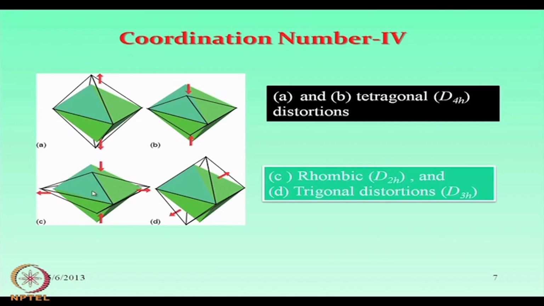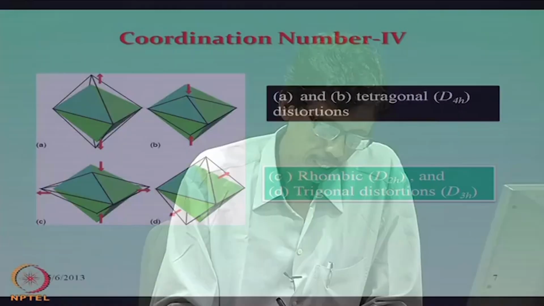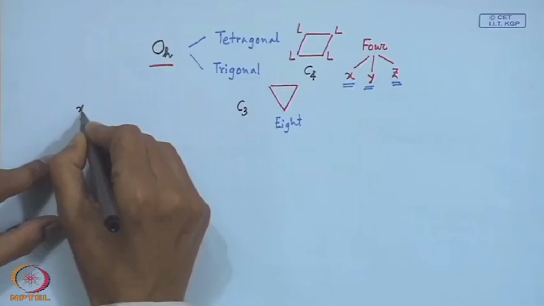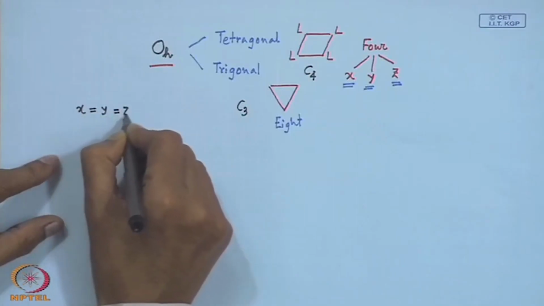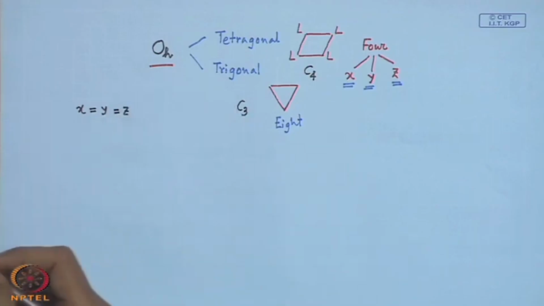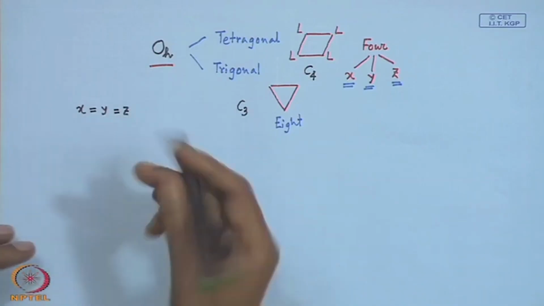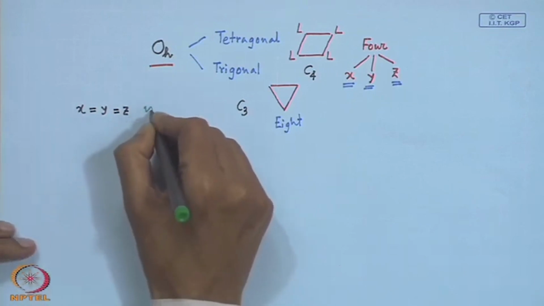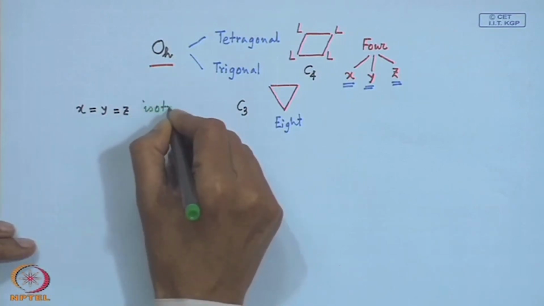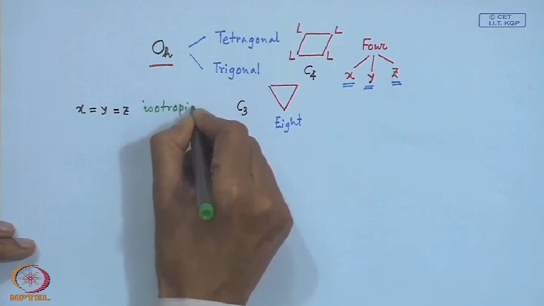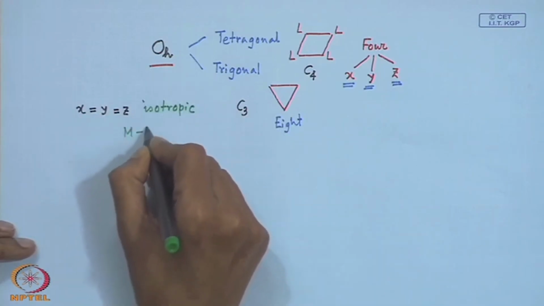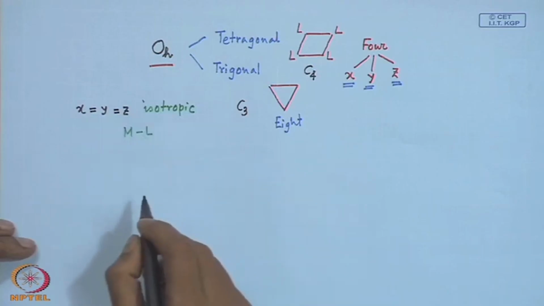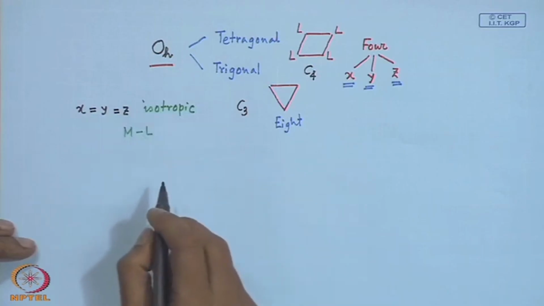So in this particular situation where we consider that all x, y and z, all these three axes are the same, we consider the corresponding situation as isotropic in nature. That means all the M-L distances, we have 6 distances.